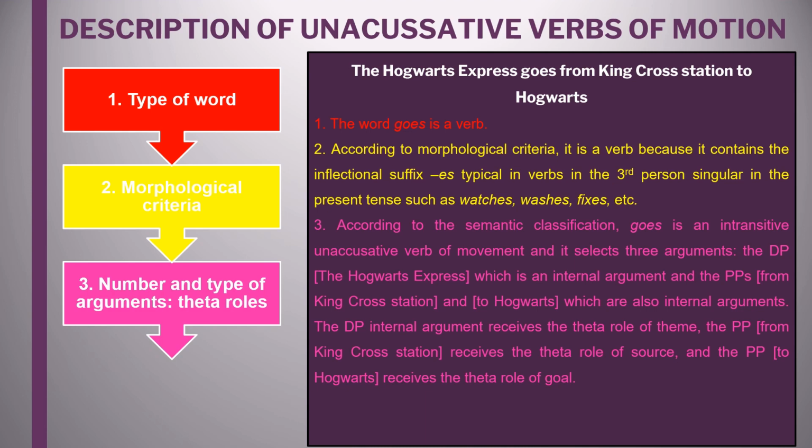The DP internal argument receives the theta role of theme, the PP from King's Cross Station receives the theta role of source, and the PP to Hogwarts receives the theta role of goal.